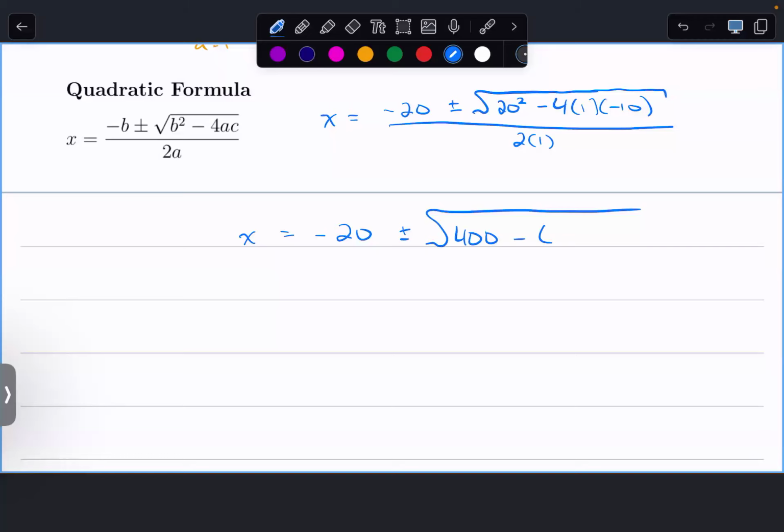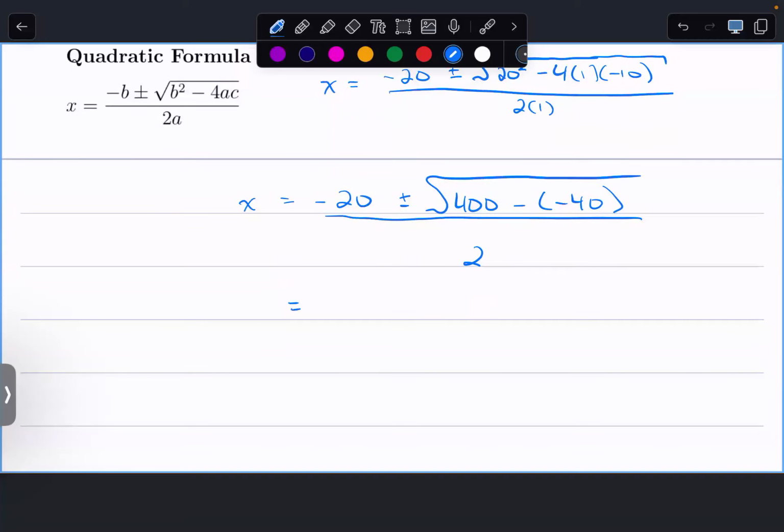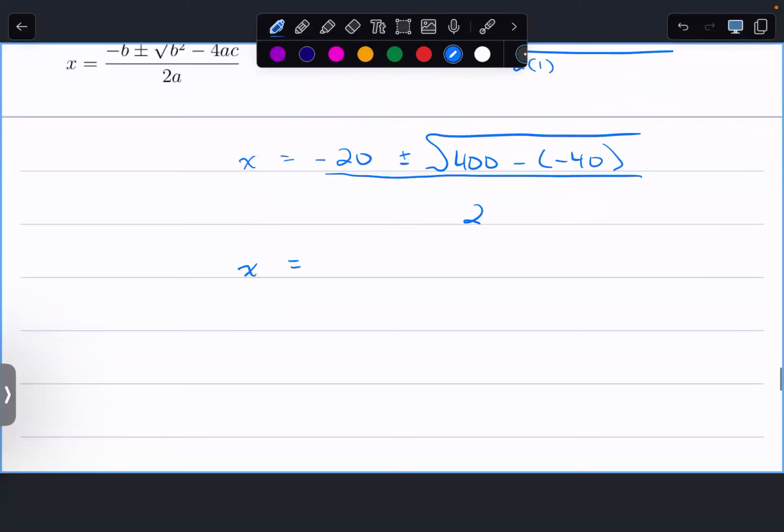But I wanna be careful. I'll write it out like this, so you can see it. Then I get negative 20 plus minus the square root of 440.